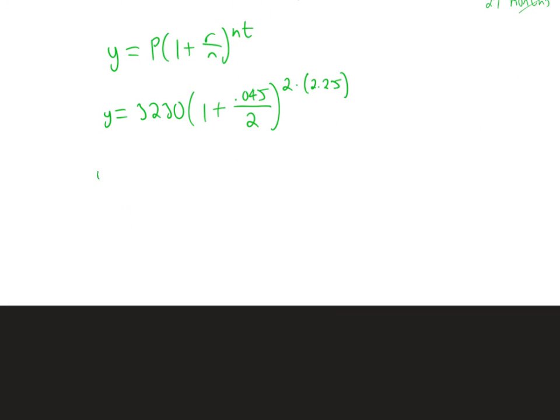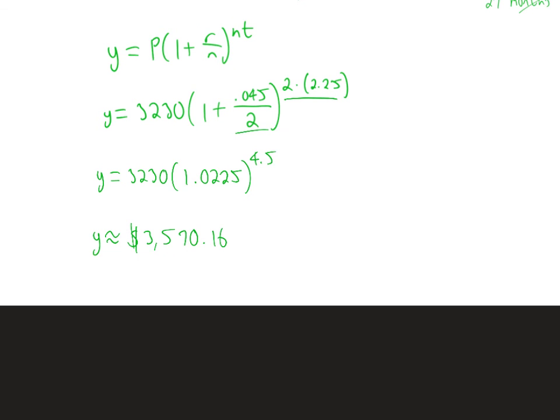If we simplify this, we get y equals 3,230 times 1.0225, all to the 4.5. If you plug that into your calculator, you're going to get y is approximately $3,570.16.